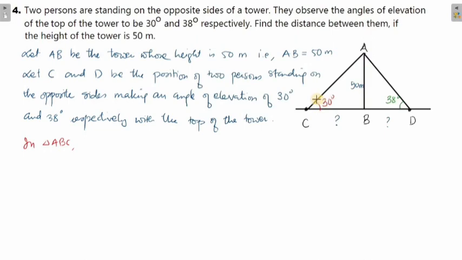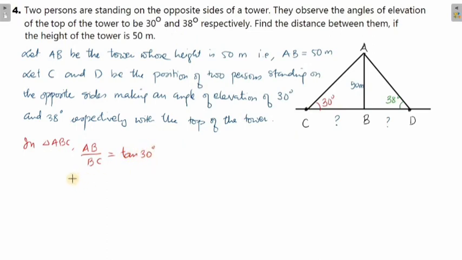And the given angle is 30 degree. So this is the given angle, side opposite to this is perpendicular, this is my base. So we have in triangle ABC, AB by, that is perpendicular by BC, is nothing but tan 30 degree.